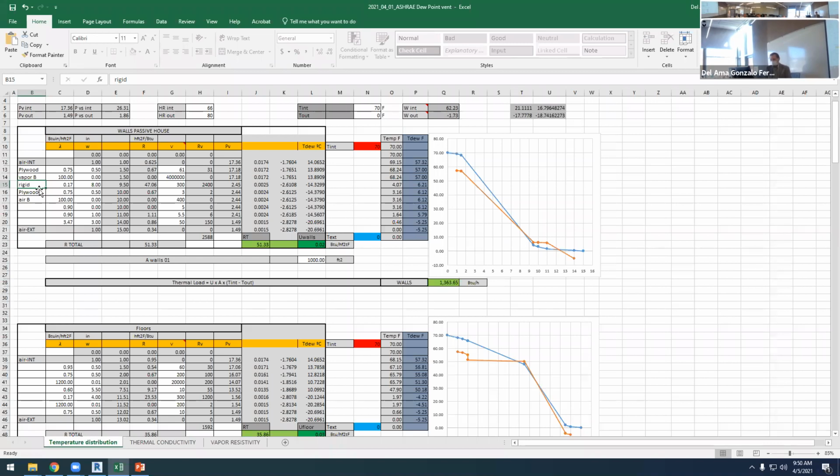So if we want to create sustainable buildings, using rigid insulation massively is not an option. I can have 8 inches of cellulose inside, and then a couple of inches of rigid insulation outside. So I'm not using 10 inches of rigid insulation.